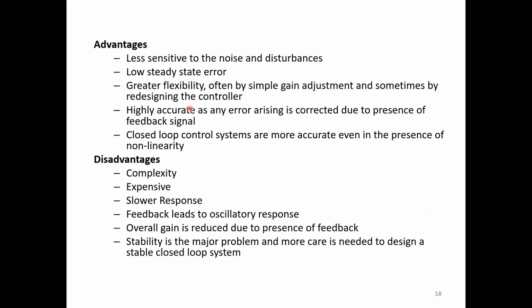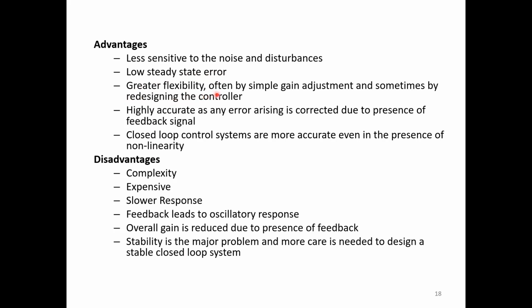So what are the advantages of closed loop control system? Less sensitive to noise and disturbances. If noise or disturbance occurs, you do not need to worry about it. Steady-state error is lower.